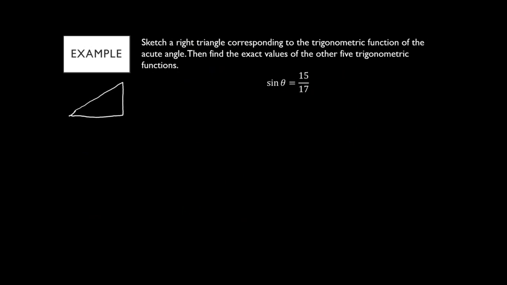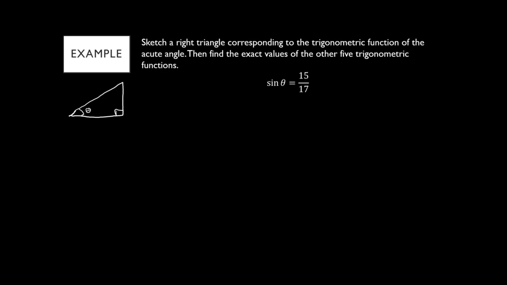It doesn't have to be perfect or to scale. By default, I always label the angle on the left as theta. You can draw your right triangle as a mirror image of this. It doesn't matter where you label it as long as you're consistent with your opposites, adjacents, and so on.